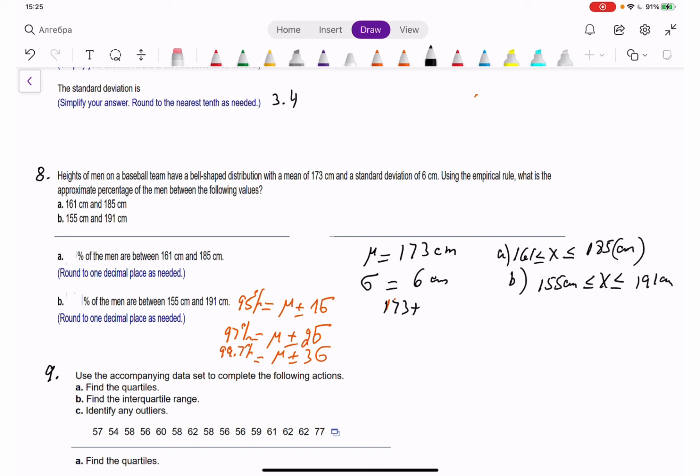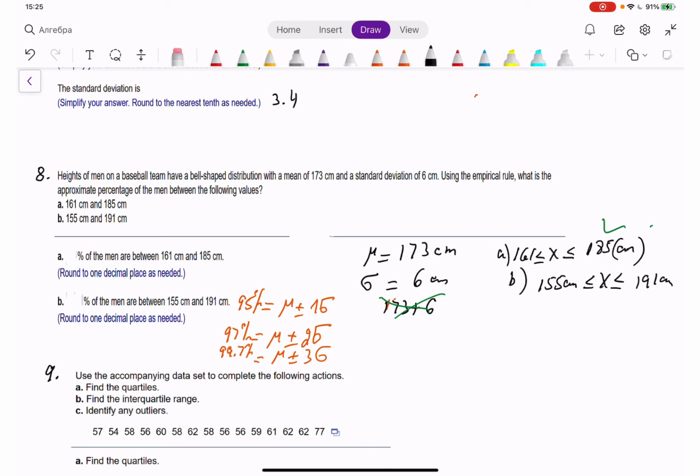So we have 173 plus 1 standard deviation, which means plus 6 or minus 6. If one limit will not fit, then there is no point in calculating the other one. So 173 plus 6 is 179. Okay, I don't have 179 here. I need to have 185, which means this is going to be wrong. It doesn't match.